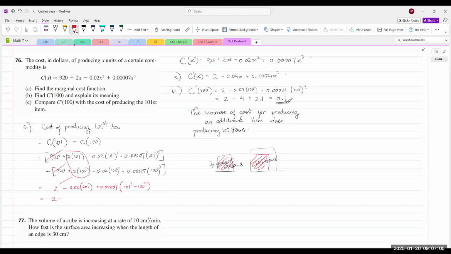So that will be 4.02 plus 0.00007 times, now time to use calculator. Where's my calculator?